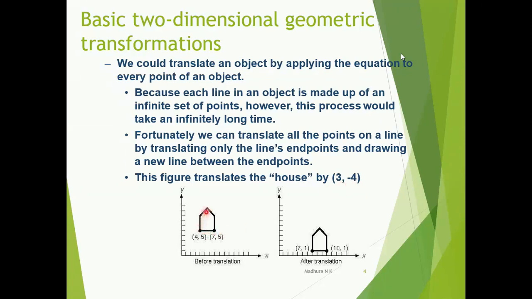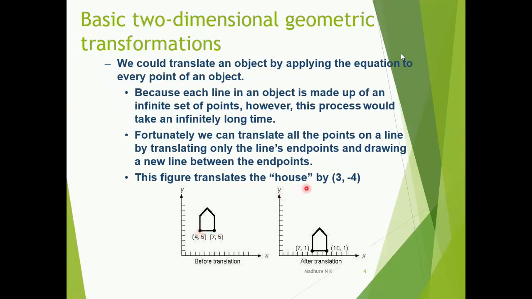So how can you translate these positions now? Your house is represented here with a line segment, with one endpoint at 4 comma 5 and the other endpoint at 7 comma 5.